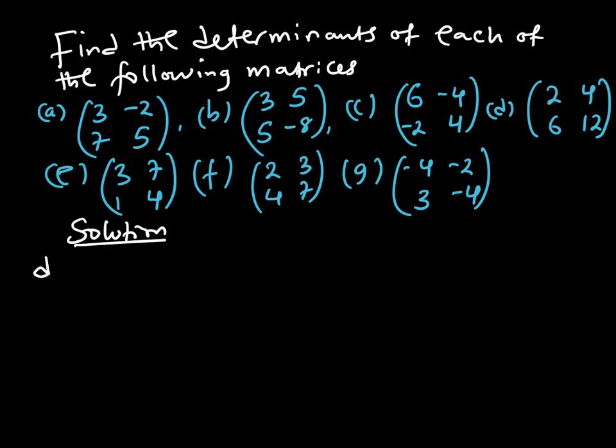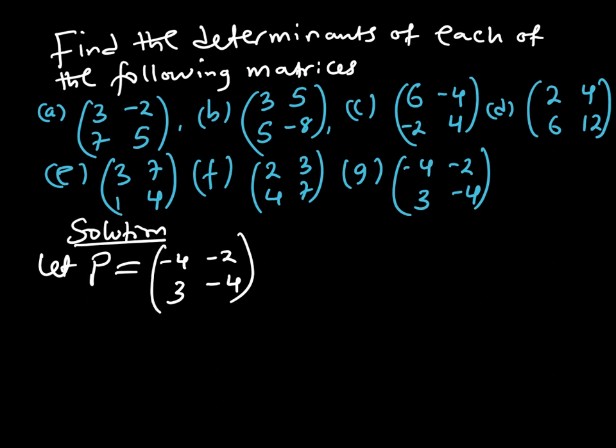To simplify my life, this is what I should do. Mathematicians come up with various methods. Matrices are represented by capital letters. Let P be -4, -2, 3, and -4.